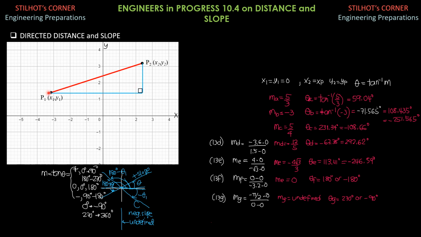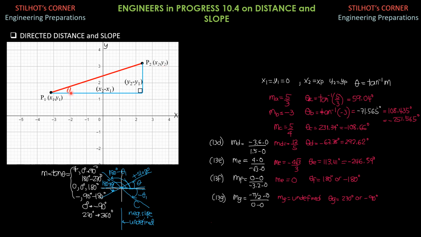If it is P1 to P2, then the terminal point is P2, so this horizontal distance is x2 minus x1. It is positive because from 1 to 2 it is rightward, in the positive direction. It is also positive in the upward direction, so the vertical distance would be y2 minus y1.